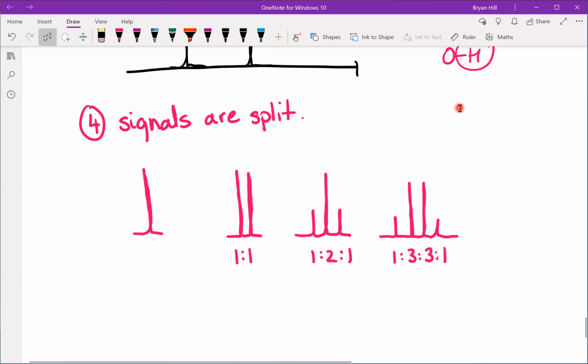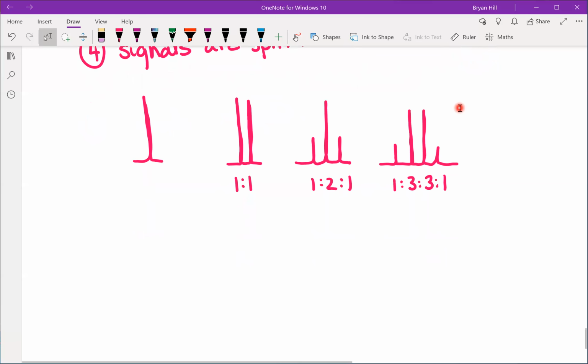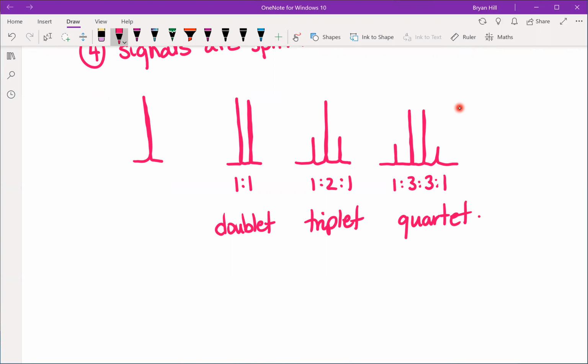So the signals are often split. We call this a doublet. We call this a triplet. We call this a quartet. And this little guy would be a singlet.